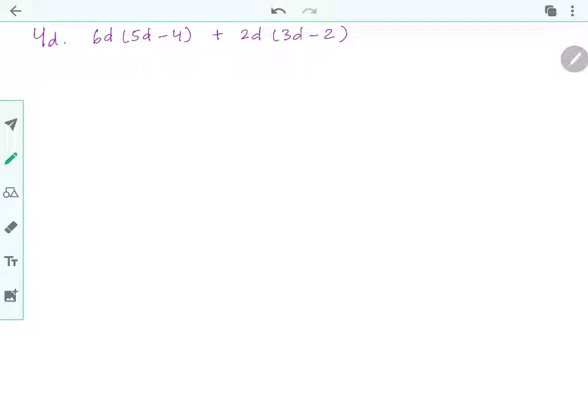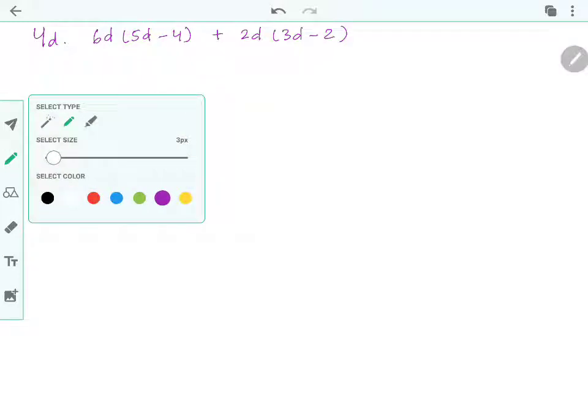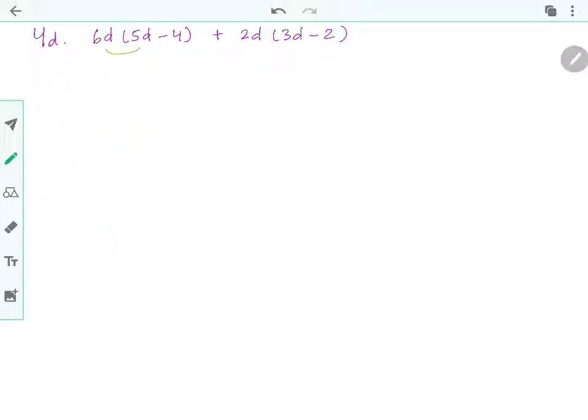Okay, do the rainbow method here. So 6D times 5D, 6 times 5 is 30, and D times D is D squared. Okay, so 6D times minus 4 now, so positive times negative is negative.